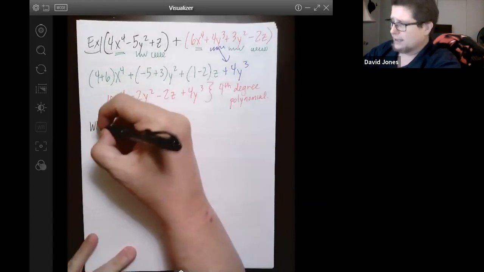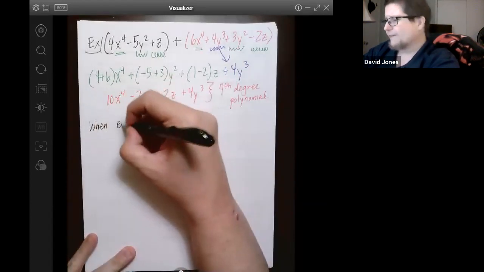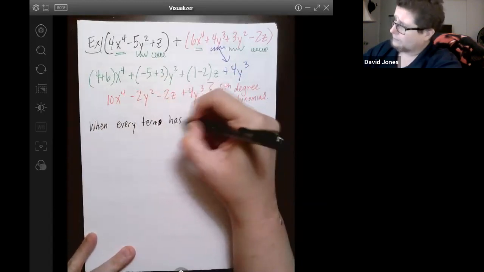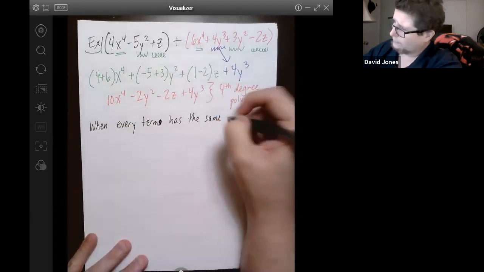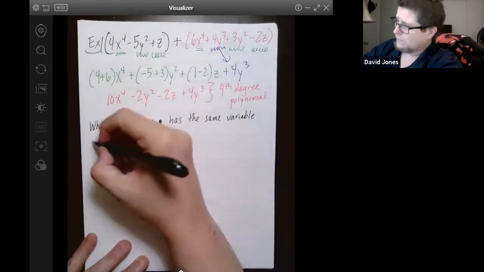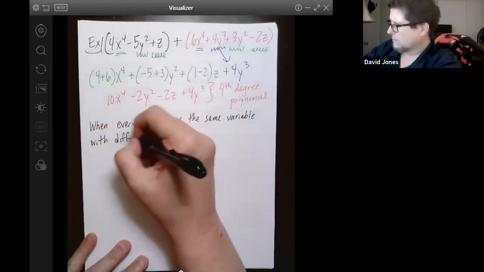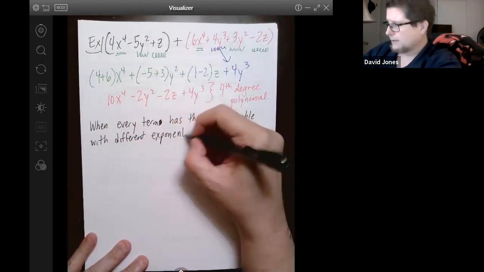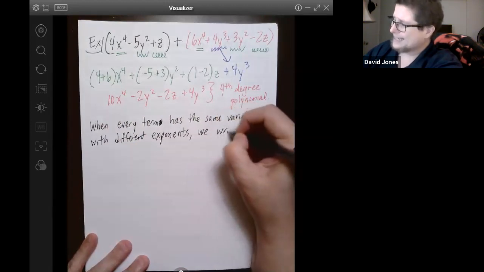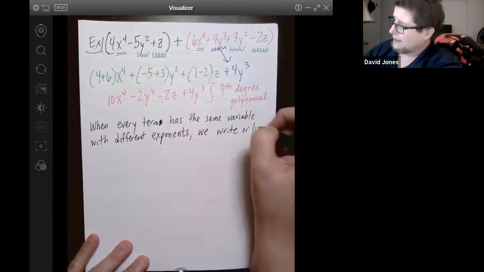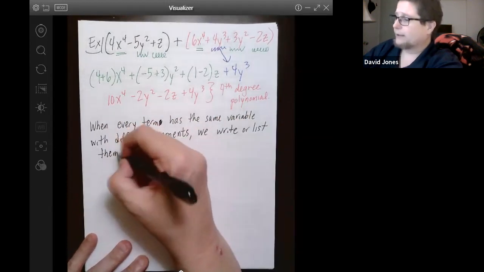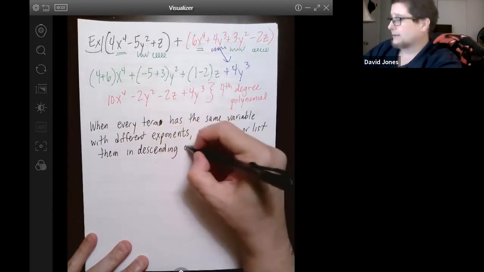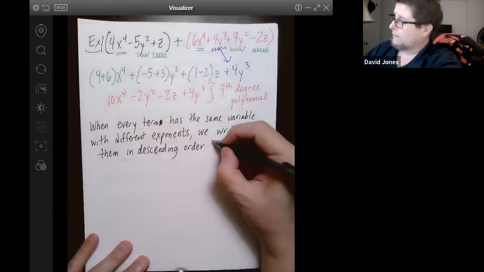But when every term has the same variable, but with different exponents, we write or list them in descending order by exponent. Descending or decreasing. Descending order by exponent.